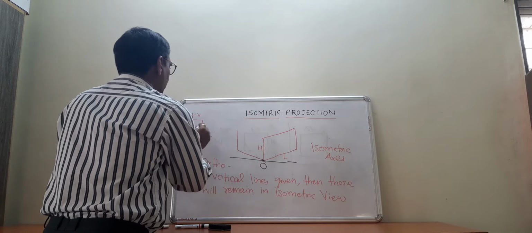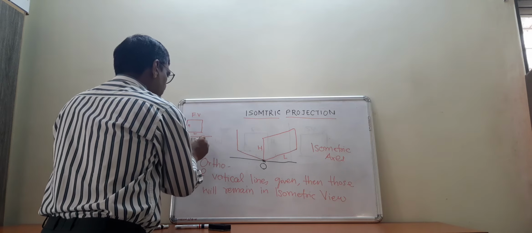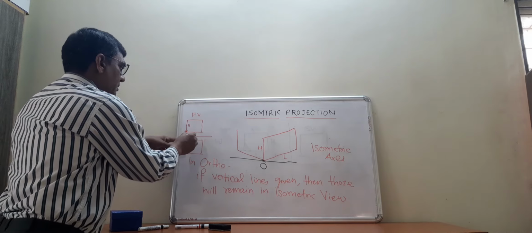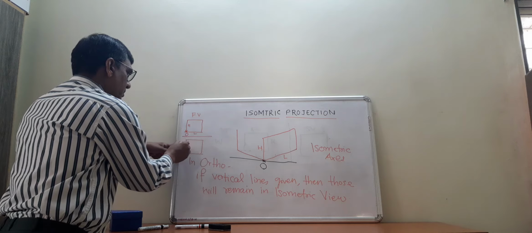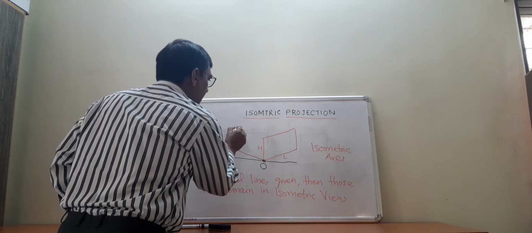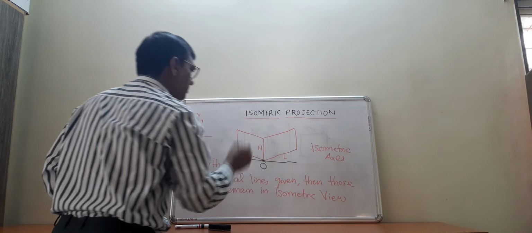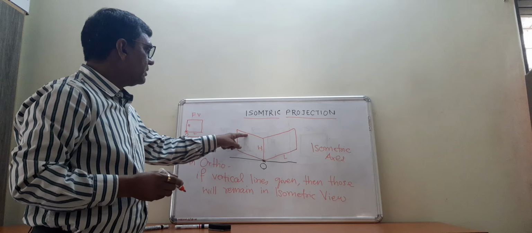Similarly, here all lines here in this top view, this line is parallel to the other line, and this line is parallel to the line drawn here vertically.